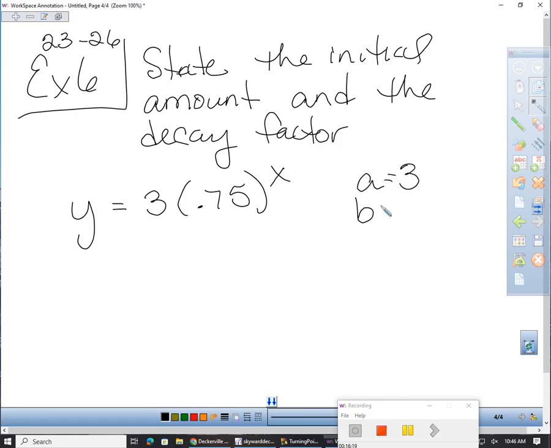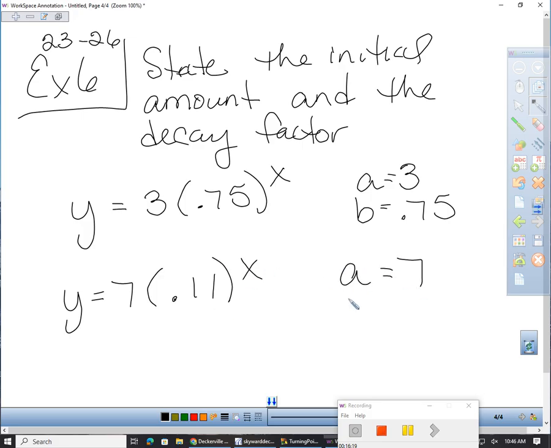What is my decay factor? 0.75. Say I have y equals 7 times 0.11 to the x. What is my a value? What is my b value? 0.11, exactly. That's all you have to do for those 4. All right.